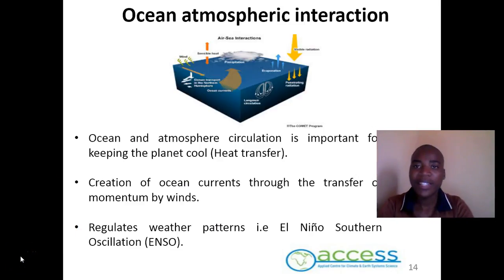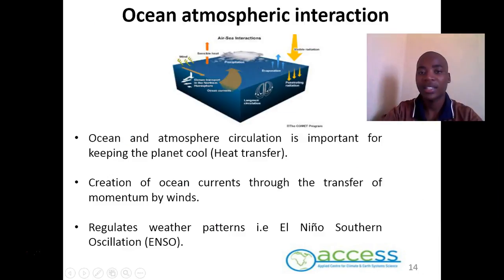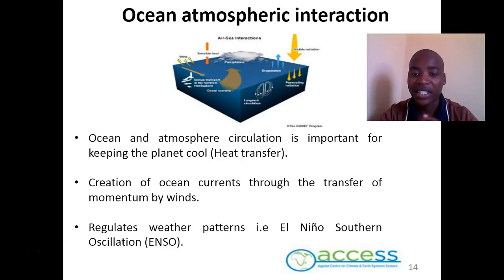Now let's talk about the interaction of the atmosphere and ocean, because they play an important role in making planet Earth habitable. Ocean and atmosphere circulation is important in keeping the planet cool, through heat transfer.